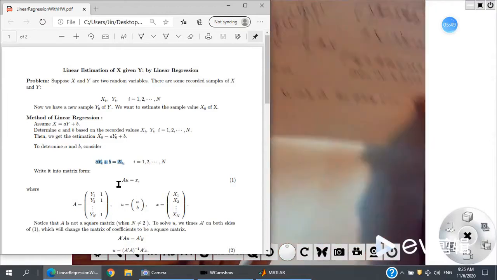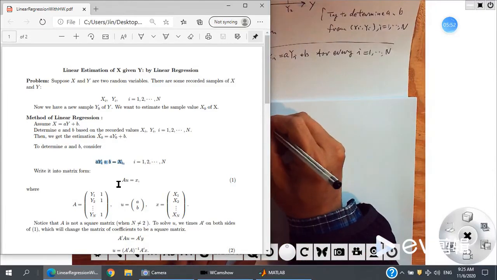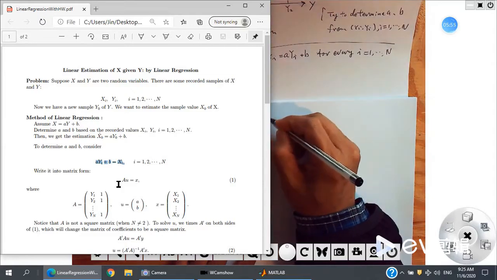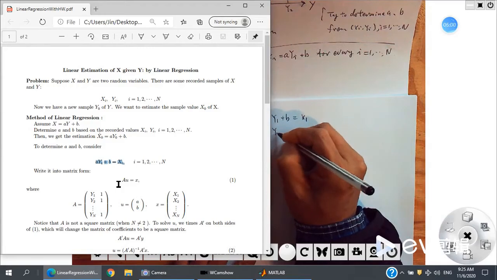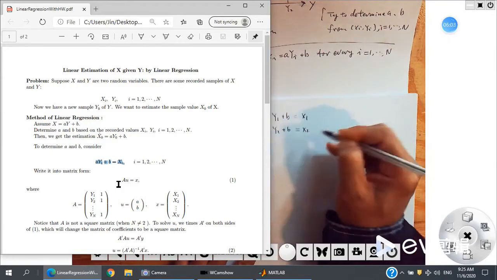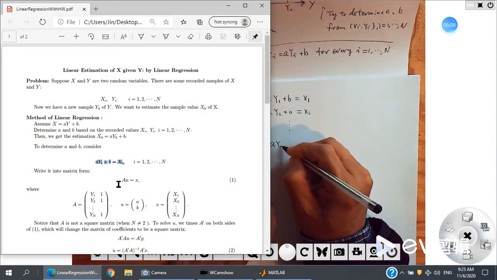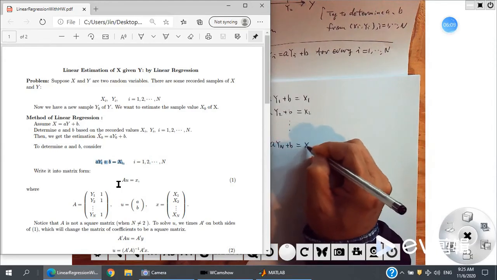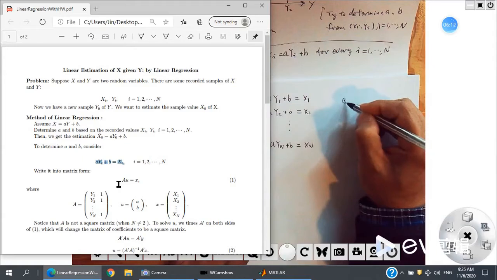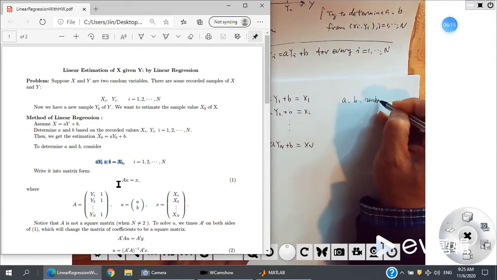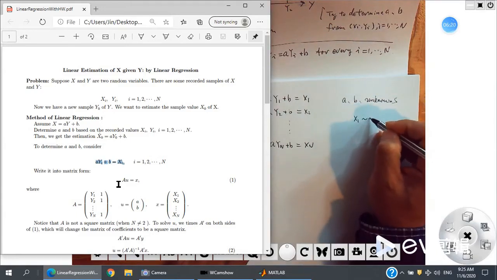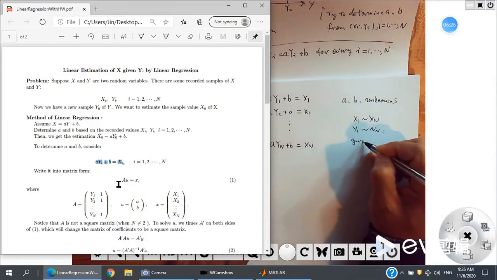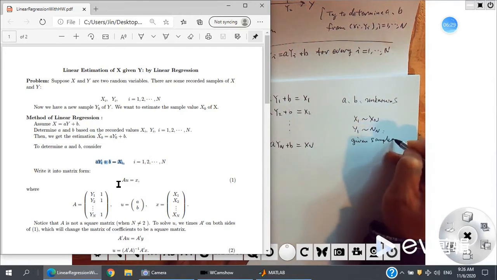So let me list all the data here: a y1 plus b equals x1, a y2 plus b equals x2, a yn plus b equals xn. Here a and b are unknowns, and x1 to xn, y1 to yn are given symbols. We already have them.